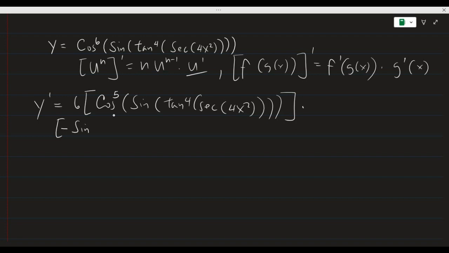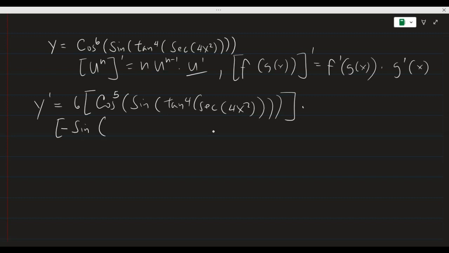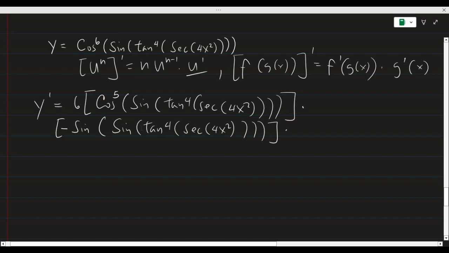The outer function is cosine, its derivative is negative sine, and we keep the inside function the same, so sine of tangent to the fourth of secant of 4x squared, and then we multiply the result by the derivative of the inner function.